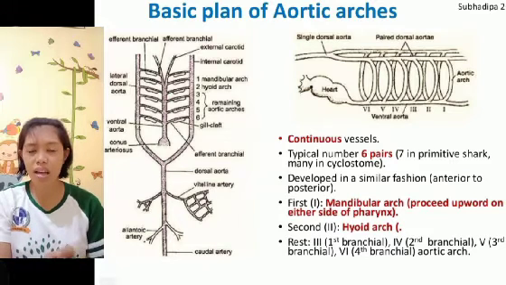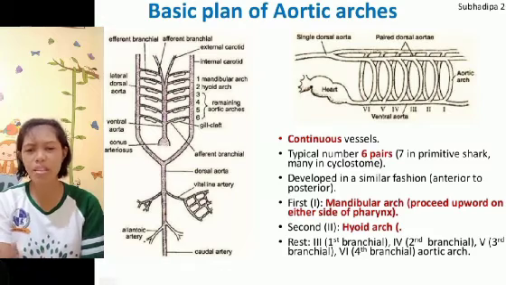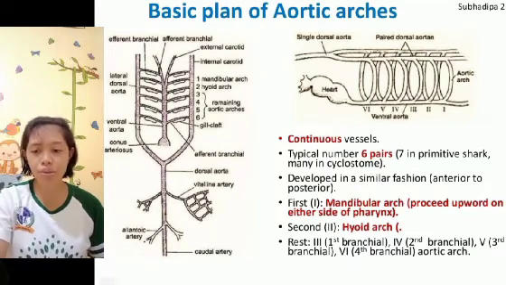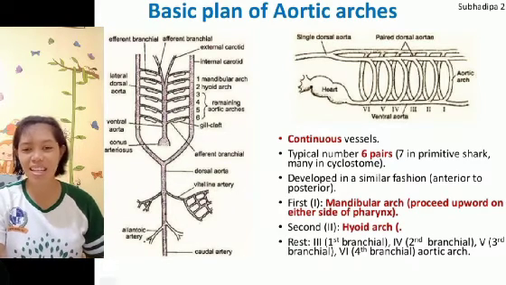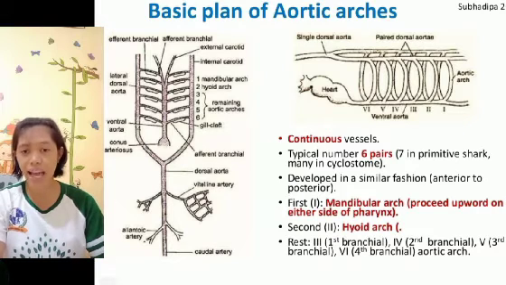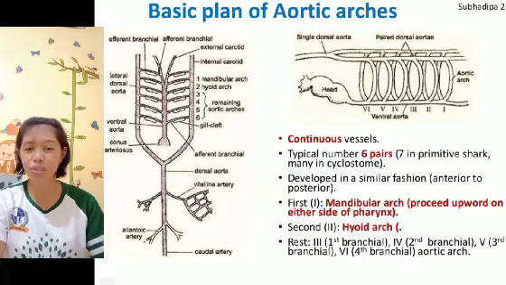As blood is carried away from the heart, it goes out in the conus arteriosus, then the aortic arc, then the ventral aorta, to the afferent, then the capillaries, then the efferent, and then our dorsal aorta. The dorsal aorta carries oxygenated blood throughout the body.